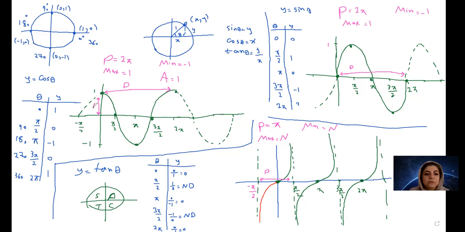So here is the amplitude, and here is the amplitude, half the distance between maximum and minimum. As you see, the amplitude is 1. But do we have an amplitude in tan? No. It goes up forever, down forever. No amplitude. A, we do not have it, right?